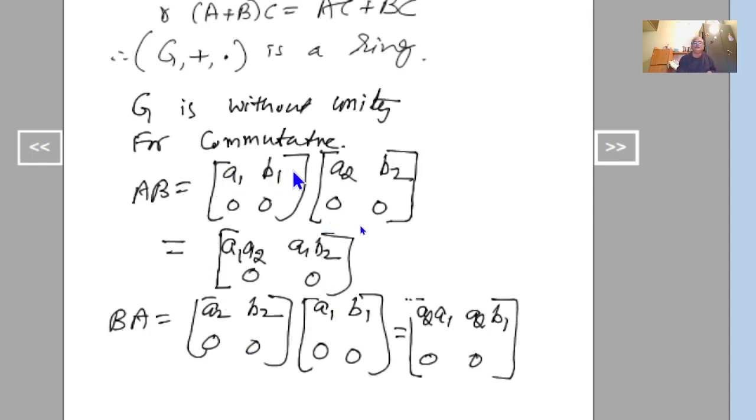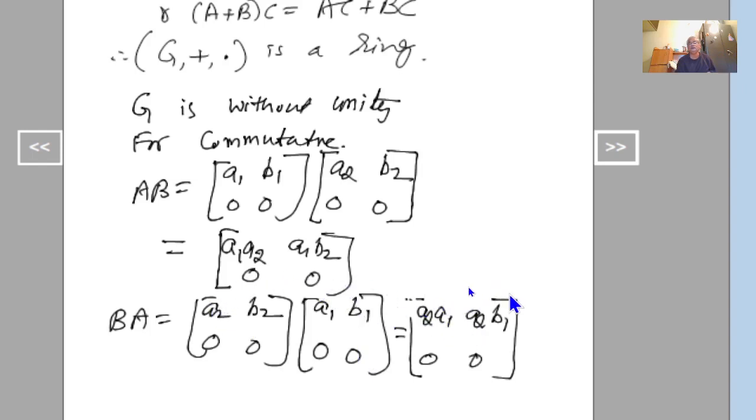See, AB is A1 A2 and A1 B2, second row 0, 0. And if I consider BA, A2 A1 is the same as A1 A2. But what about the second element here? In AB, the first row and second column is A1 B2. In BA, the first row and second column is A2 B1.